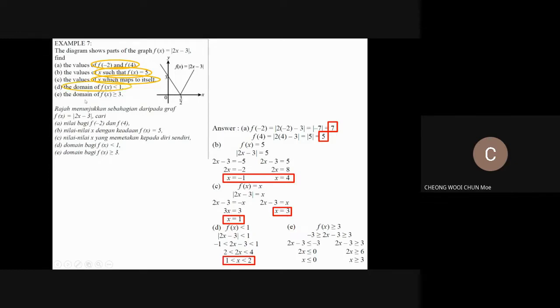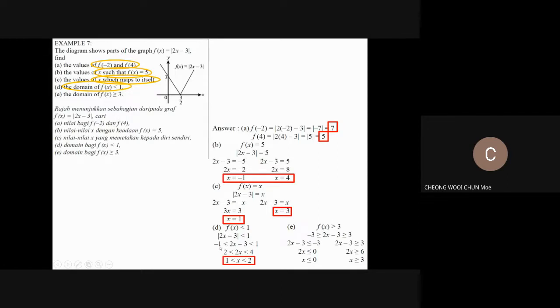Then you want to find the domain of f(x) less than 1. Finding the domain means finding the x where f(x) is less than 1. So modulus 2x minus 3 is less than 1. You have two answers: one is less than 1 and one is greater than -1.